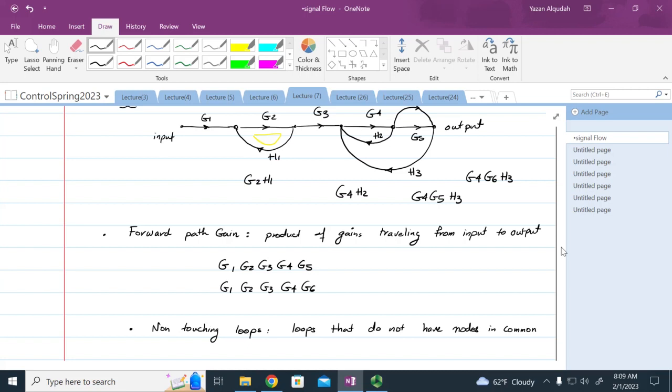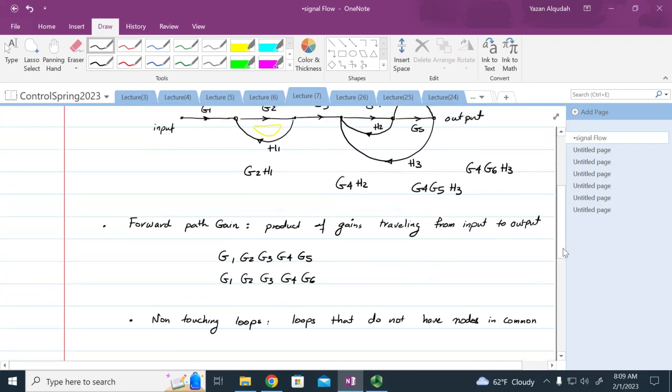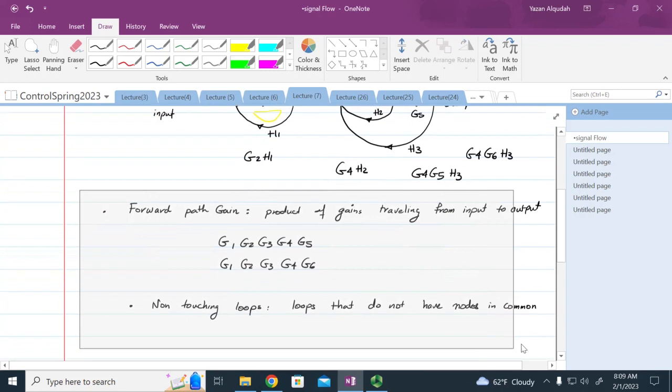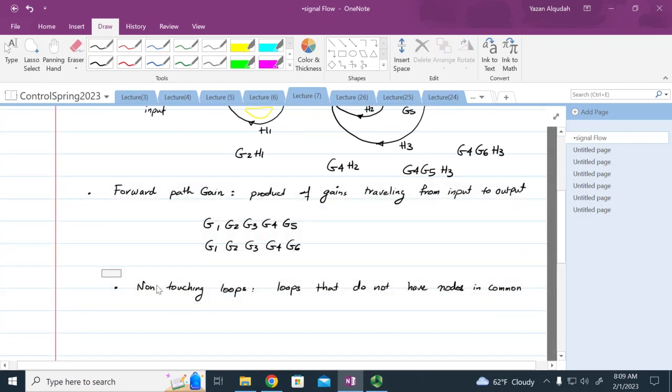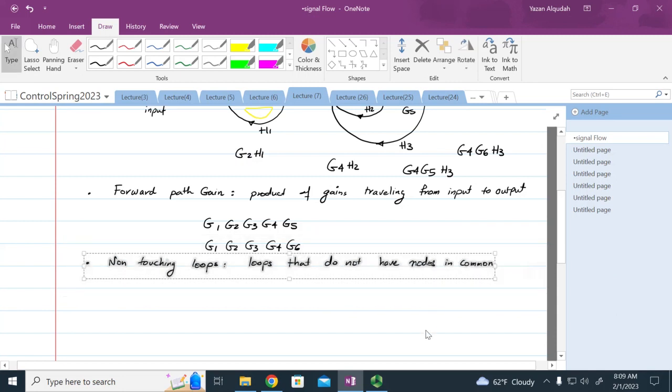We have all the loops, so we can look at them one at a time. We have G2H1.